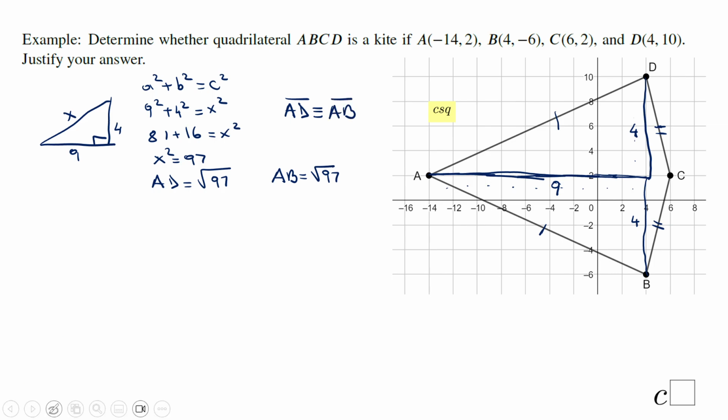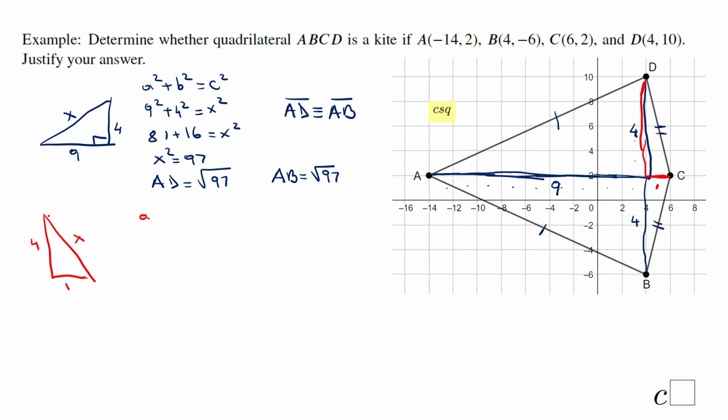Now let's take a look at the other two. Okay, a very similar triangle. This one is 4, and this is 1. And again, this is x.